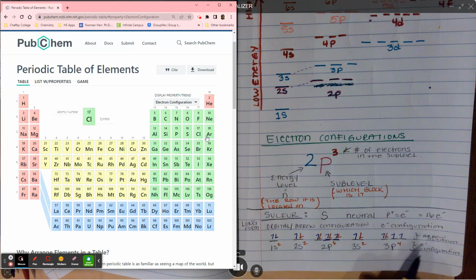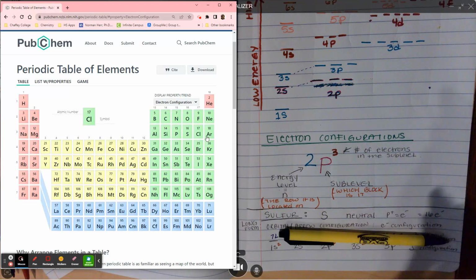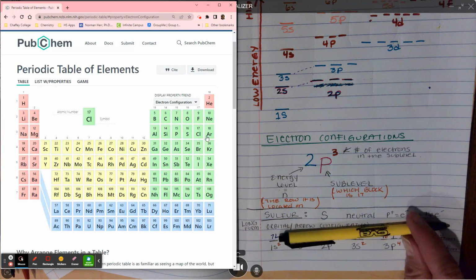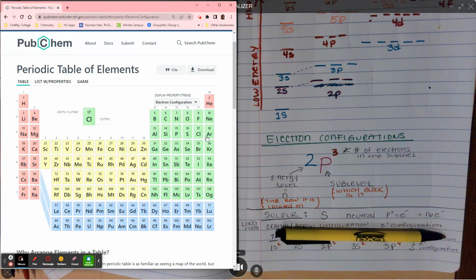Now you're going to say, why can't I just do the 3p4? Why do I need the arrows? Well, if you just give me the electron configuration right here, the 3p4, and you don't do the arrow notation, and I say how many electrons are available for bonding, most of you guys are going to say 4, but that would be incorrect.